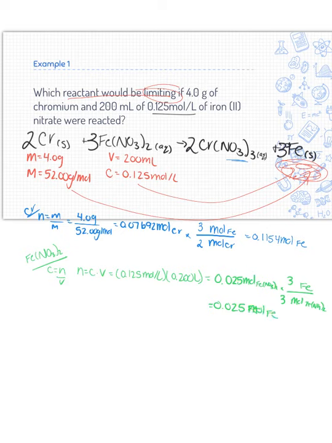Okay, it's at this point that we can decide who is limiting and who is excess. The smaller number of moles of product produced is here, 0.025. That is less than our 0.1154, which came from our calculation using chromium. Therefore, iron 2 nitrate is the limiting reagent.